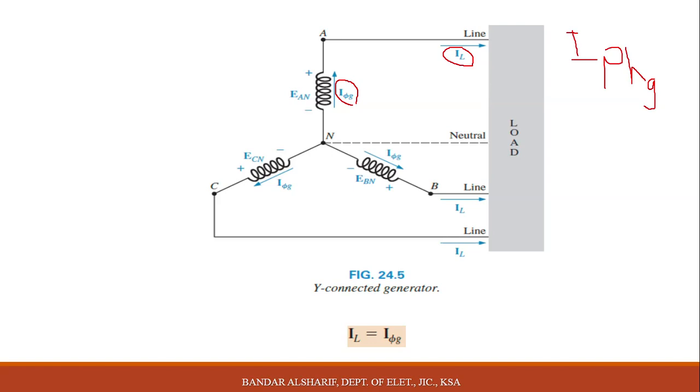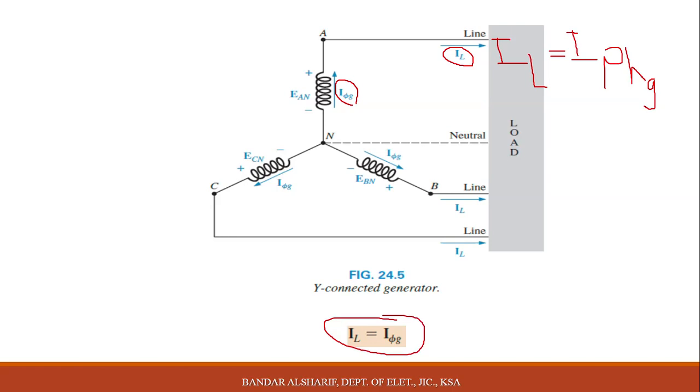But you need to distinguish between them, because now it is easy to decide that I phase going here and going in the line equal each other. This means we can write I phase equals I line, like it's written here.